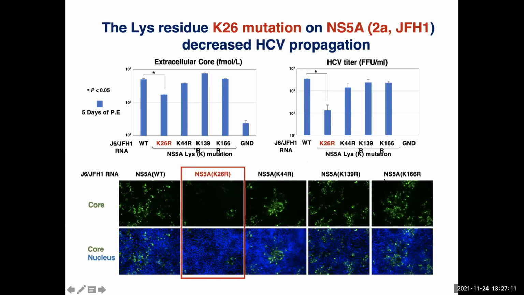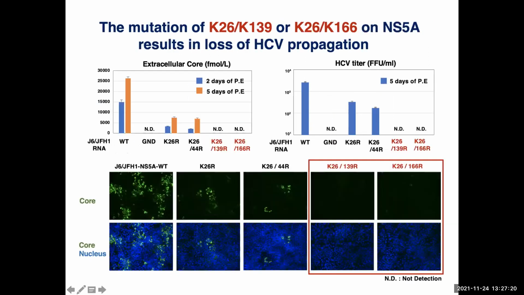The replication level was dramatically reduced by the mutation. And when we made a double mutant of NS5A of HCV 2A, the double mutant completely disrupted the HCV propagation, as you can see here. So these results indicate that isolation of NS5A protein of HCV 2A is also important for HCV replication.